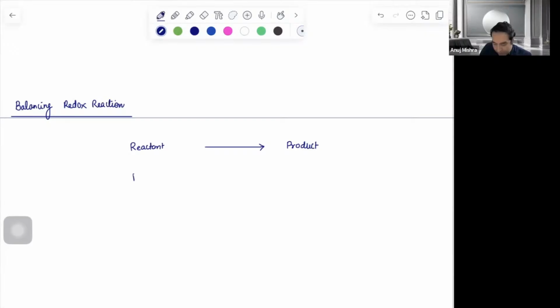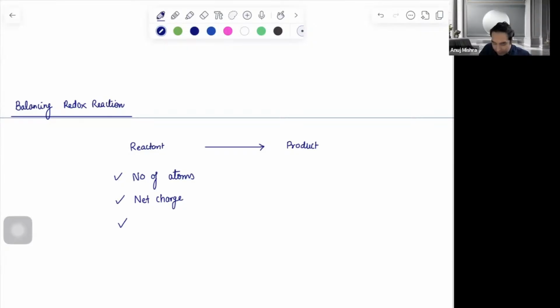So the number of atoms should match across this arrow. Net charge should match across this arrow. Let's say the left side net charge is +2. So the right side also should be +2. It can't be 0.